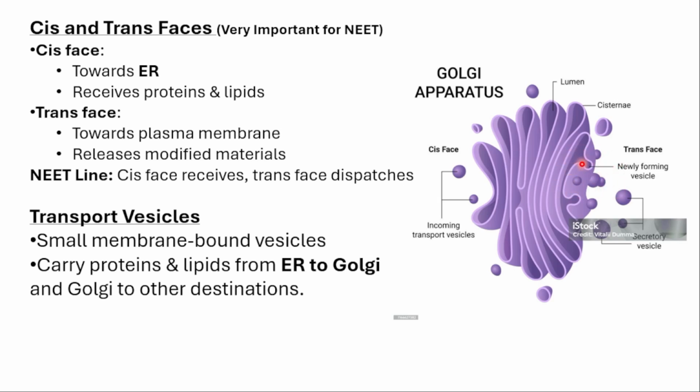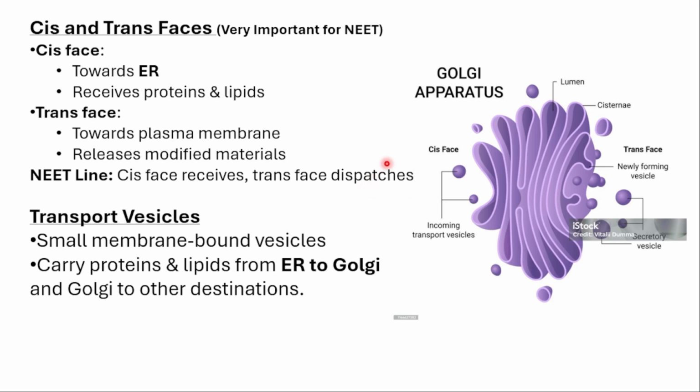Whatever the trans phase releases is again collected by the transport vehicles. Next, for whatever other destination, a plasma membrane, nucleus, other organelles, whoever needs that particular kind of protein, that particular kind of secretory material, it is going to be delivered.